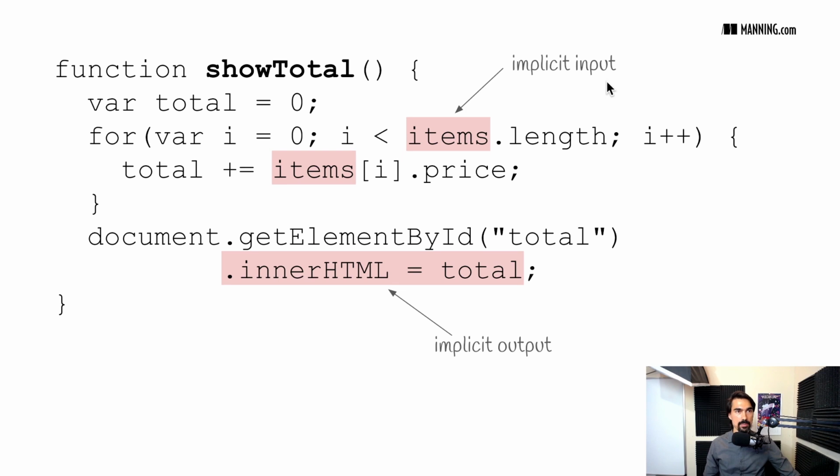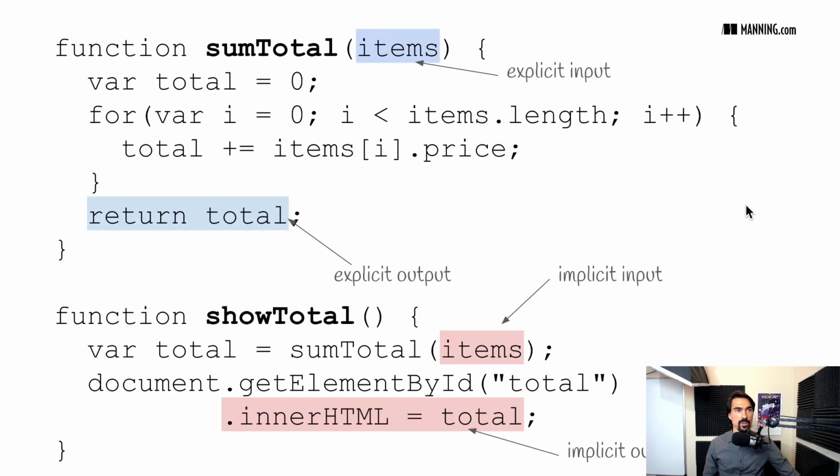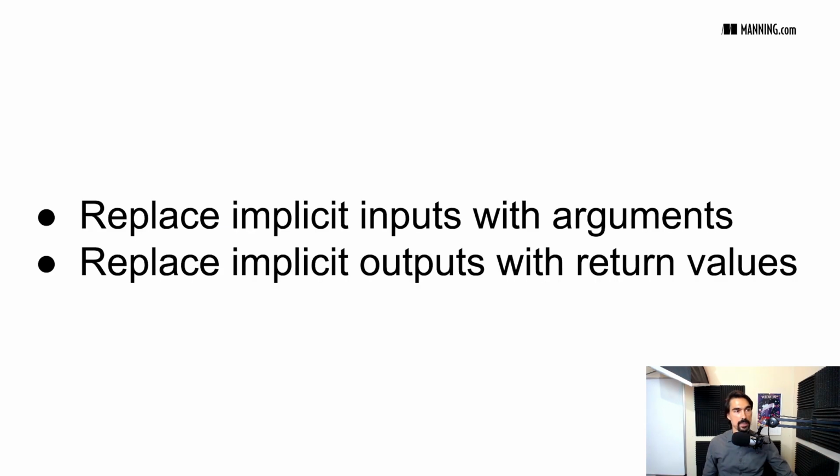So we have an implicit input and an implicit output, and we've replaced them with explicit inputs and explicit outputs, at least in our calculation. This is the refactoring that we're trying to do. We're trying to identify how data enters into the function, how it leaves, and only use arguments and return values to do that. We could just write it out like this: replace implicit inputs with arguments and replace implicit outputs with return values.